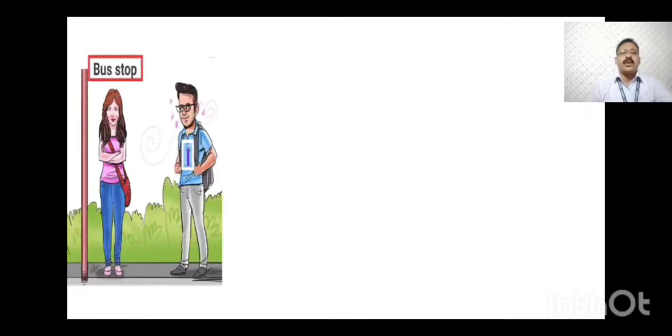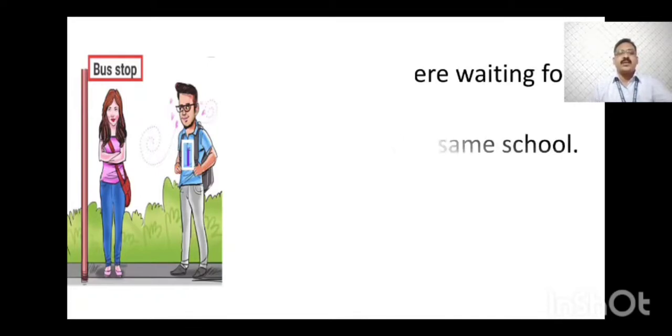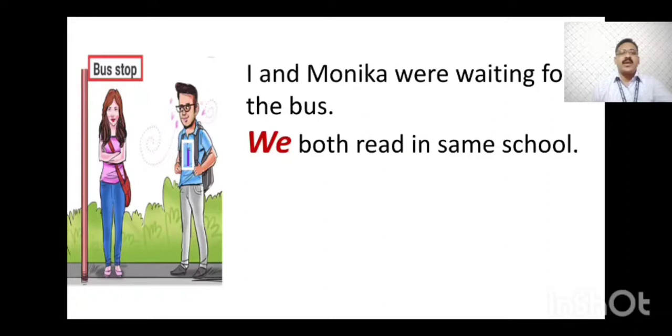Here one boy and one girl are standing at the bus stop waiting for the bus. Let's see the sentence. I and Monica were waiting for the bus. As I told you, if you and any other name is there along with you, you have to use the pronoun we. Means you are also there in that sentence. We is used where you and along with you any other name is there.